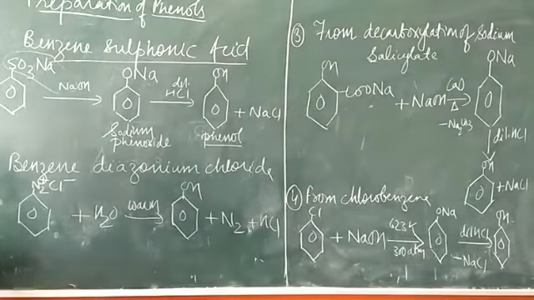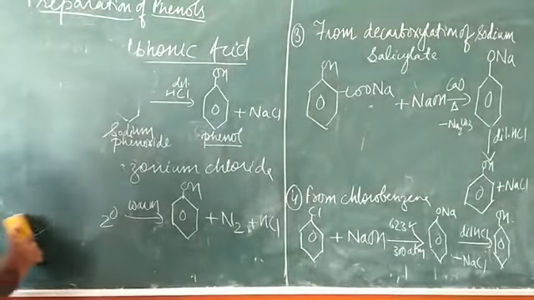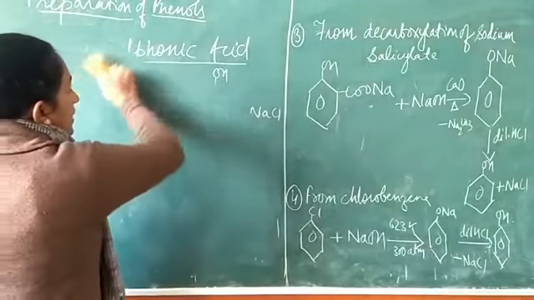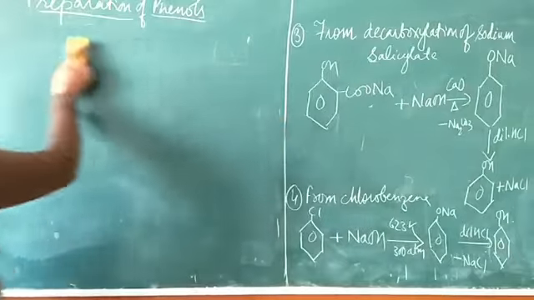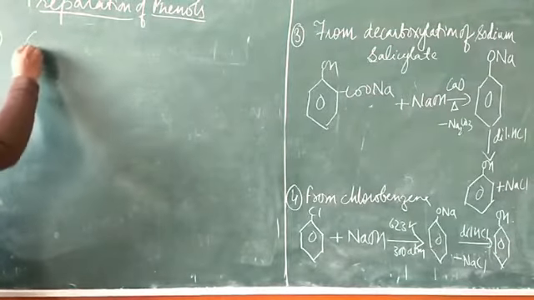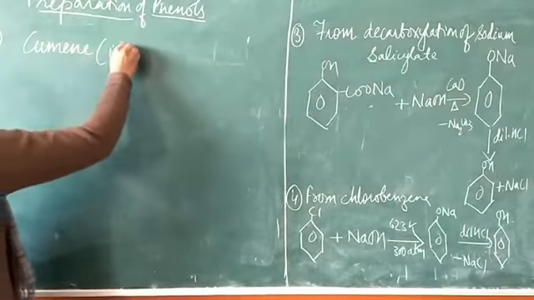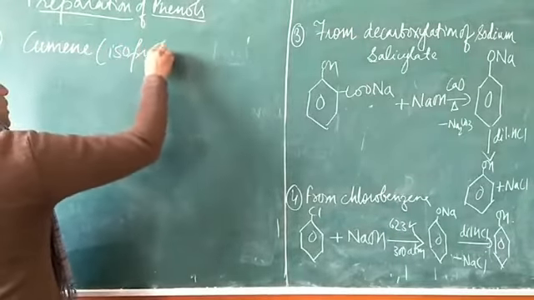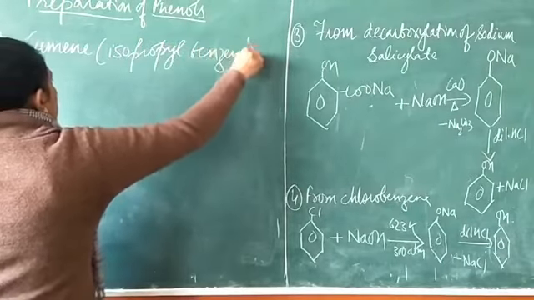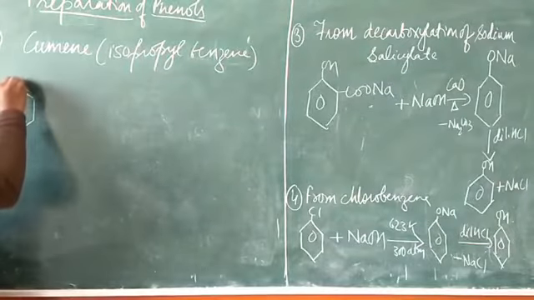Now next preparation is from the isopropyl benzene, that is also known as cumene. Right? So next is from cumene, that is known as isopropyl benzene.